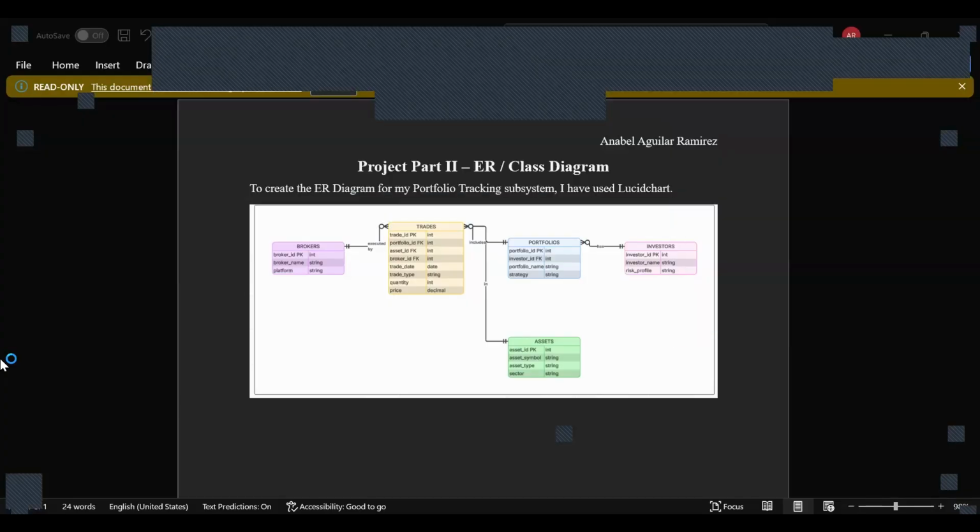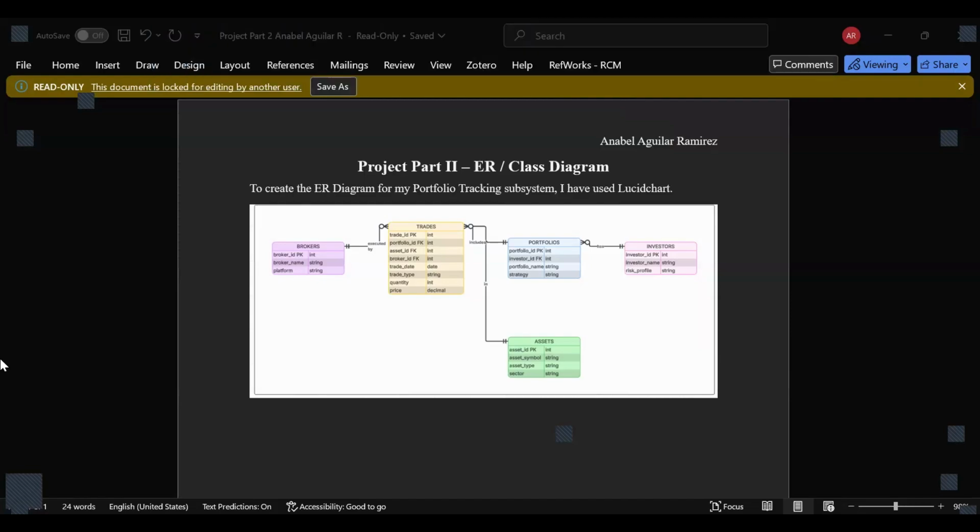All right, so here we can see the ER diagram that I created for my portfolio tracking subsystem. I used Lucidchart. Basically, this database models a simplified investment tracking system using a fictional firm called AAR, which is my initials.